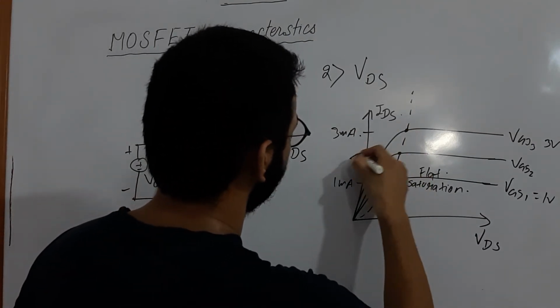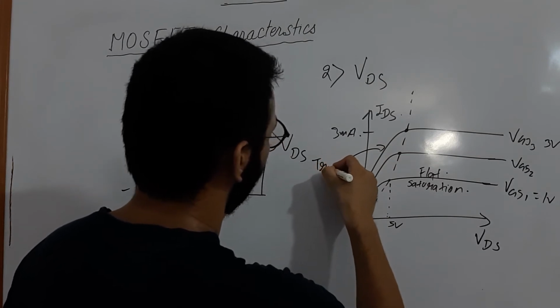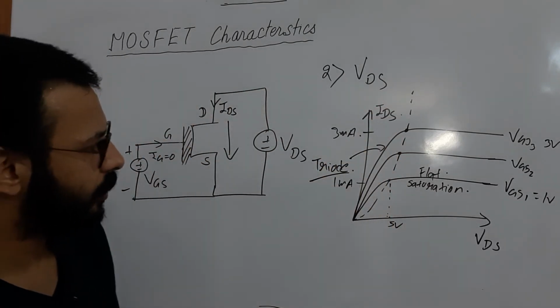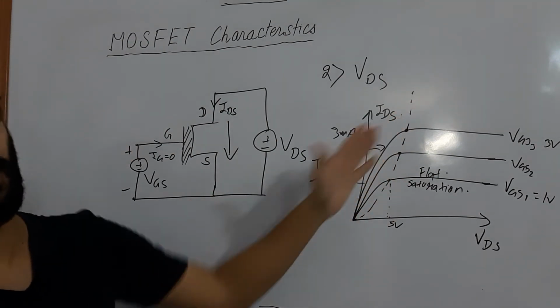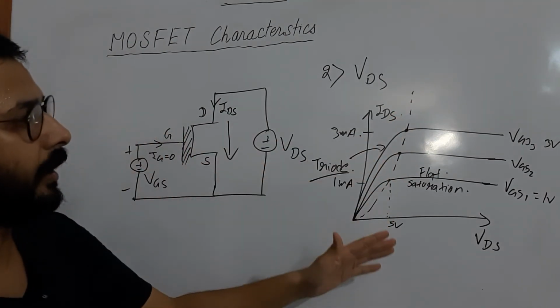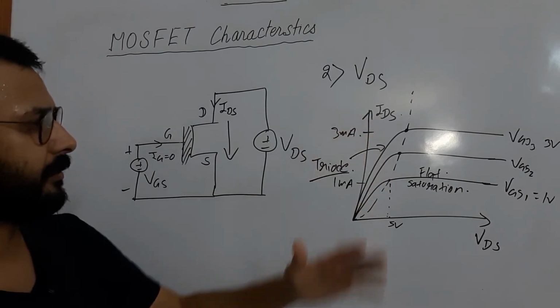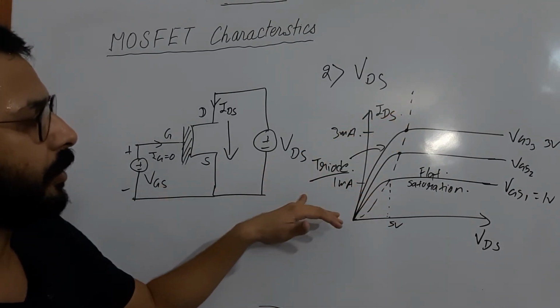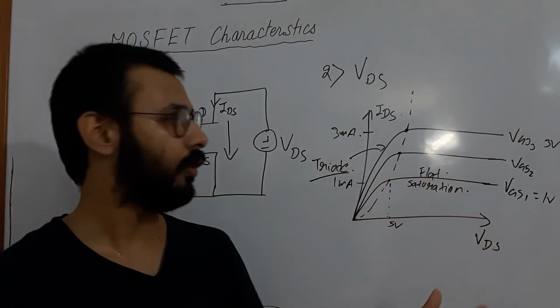And that region, this one, we call triode, and in this region it is almost the linear region. Almost, I am not saying it is absolutely linear or non-linear. Somehow it behaves like a linear region. So this we call triode, and this is called the flat or saturation.